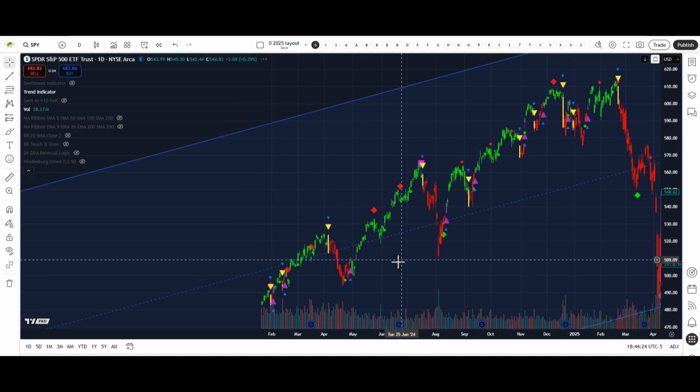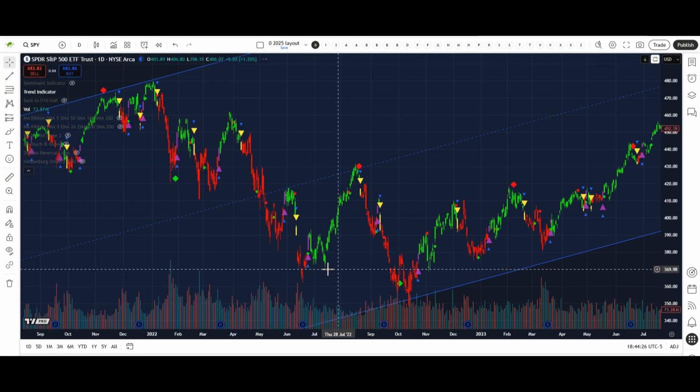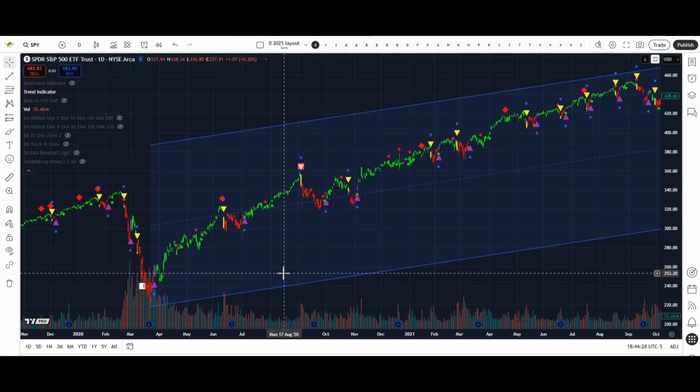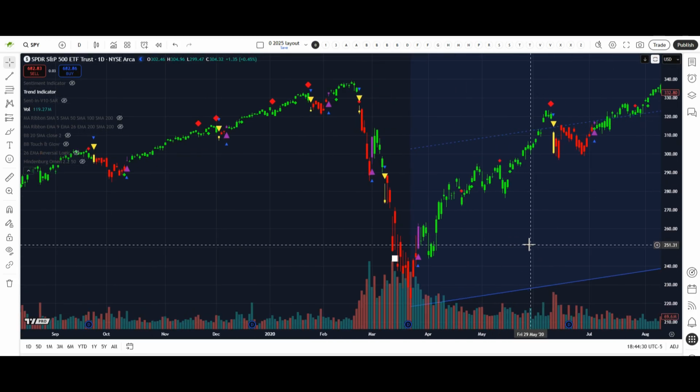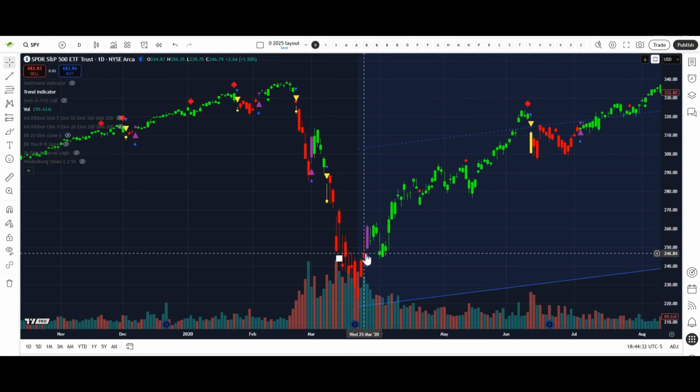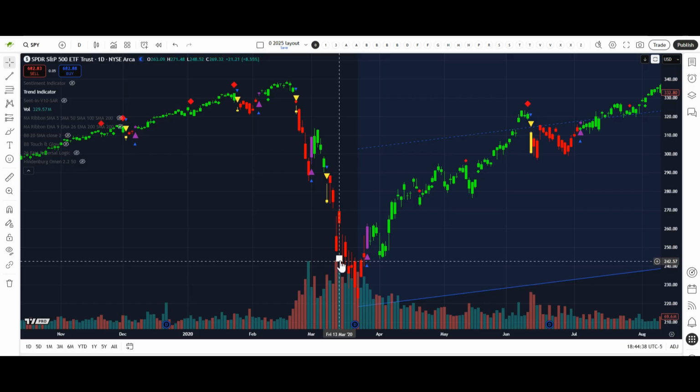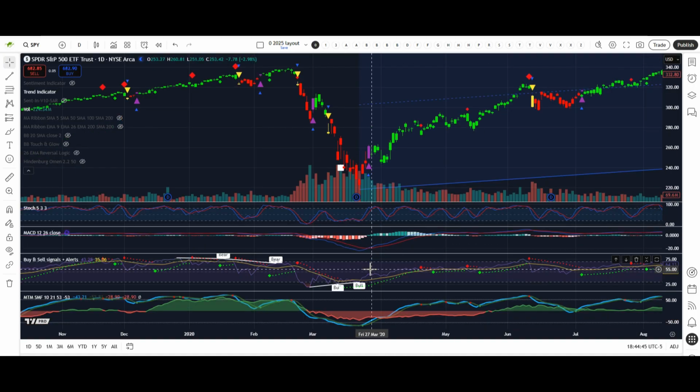So that's obviously also giving us that indication. And if we go all the way back to the COVID crash, if you want to see that one as well, we also had the uptrend trigger, as well as a really strong buy signal here. Market obviously still went down, but there would have been a decent shift here.